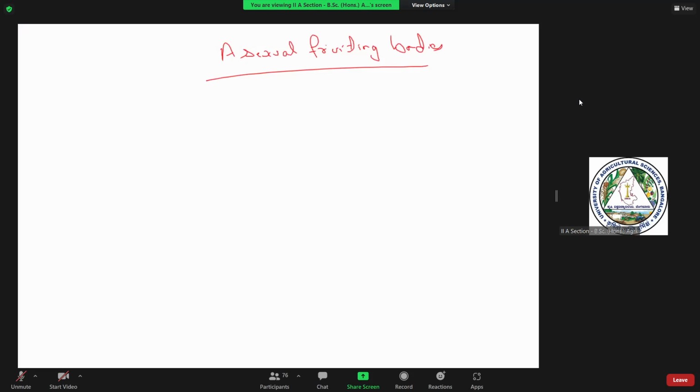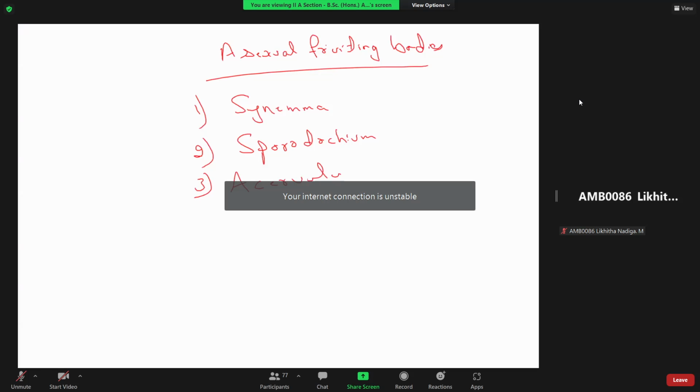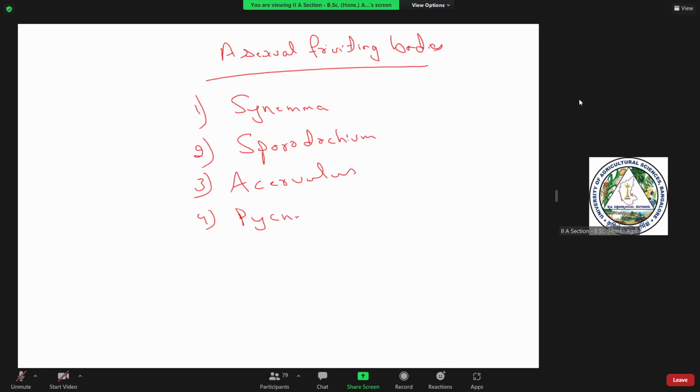Different types of fungi produce different types of fruiting bodies. Some of the fruiting bodies produced are the synnema, the sporodochium, the acervuli or acervulus, the pycnidium, and finally the sorus.